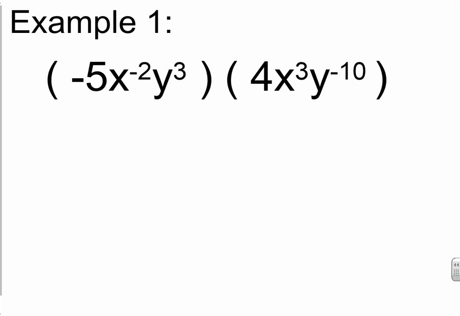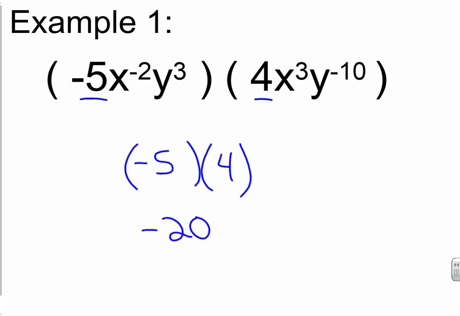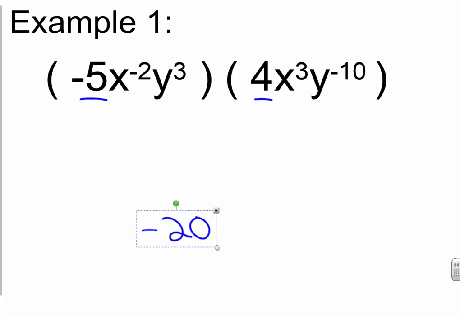So we're going to take a look at example 1. It's very similar to what we did yesterday, but it's going to have one extra step. Negative 5 times 4. Well, we know how to do this if it was written like this. That would give us negative 20. Well, just because there's variables and exponents doesn't mean it's not still negative 20. So we multiply those numbers and we end up with negative 20.